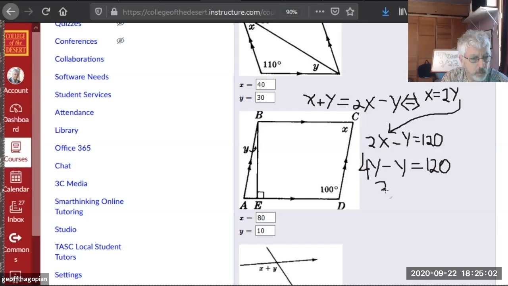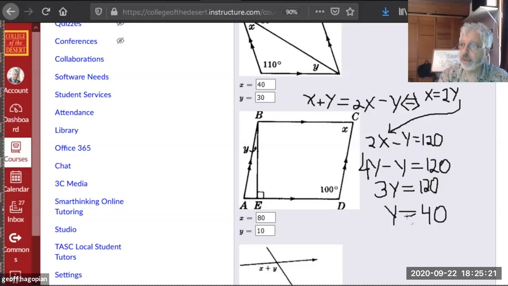And so 3y is 120. And y is then 40, right? Now we know that x is twice y, so x must be 80, right?